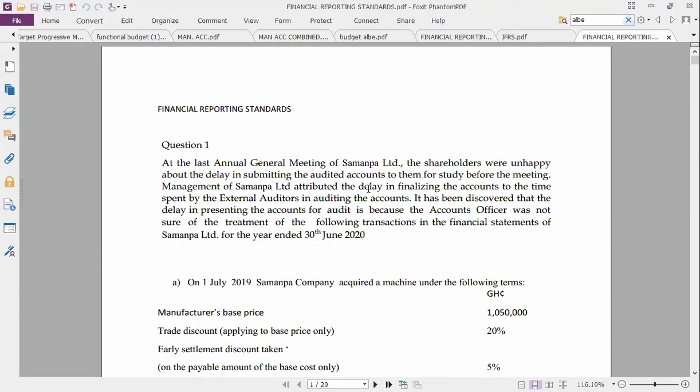It has been discovered that the delay in presenting the accounts for audit is because the accounts officer was not sure of the treatment of the following transactions in the financial statements of Samampa for the year ended 30th June 2020.